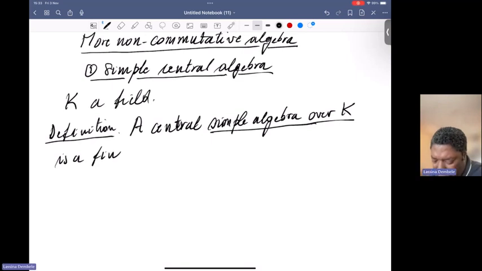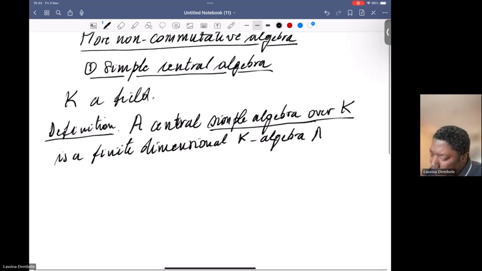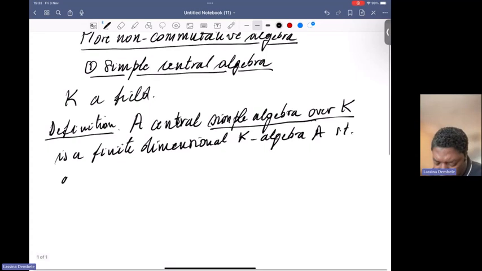In this case, I'm always going to assume it is a finite dimensional K algebra A, which satisfies the following conditions.